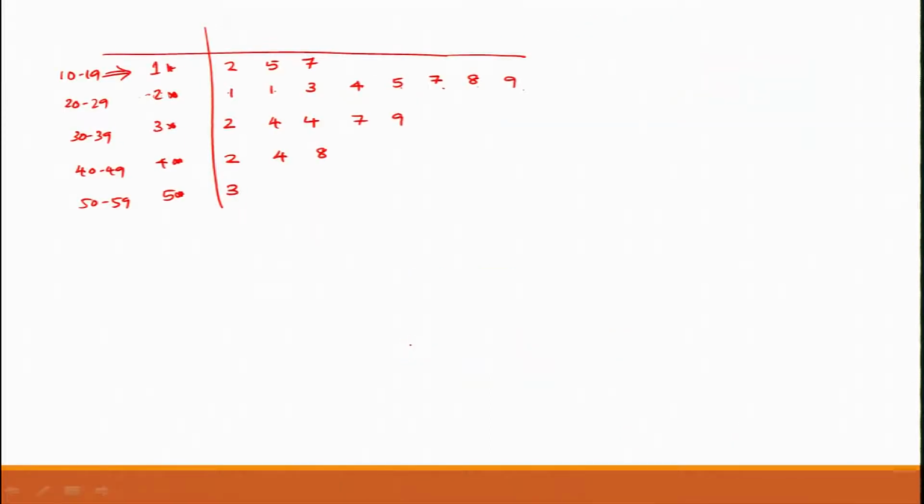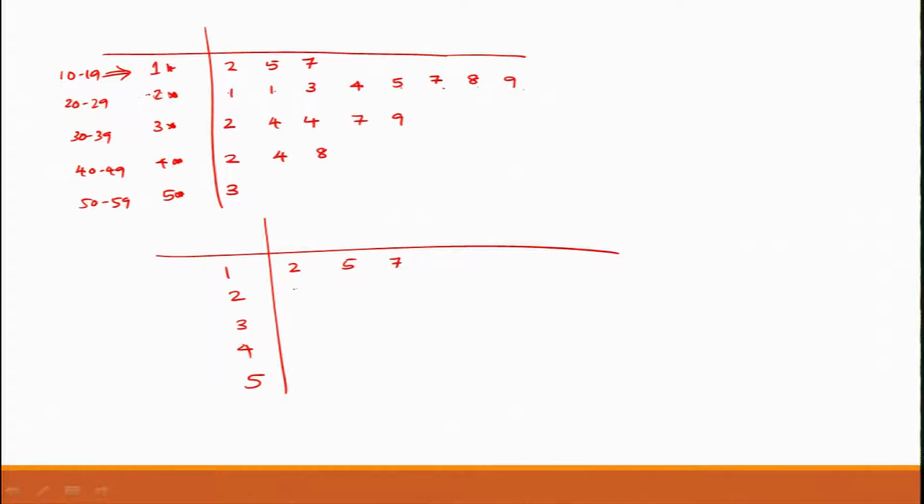Okay. And you can also say that instead of using these stars, you can replace the whole system without using any star, you can say that 1, 2, 3, 4, and 5 as the tens digits, and you have your 2, 5, and 7, 1, 1, 3, 4, 5, 7, 8, 9, okay.